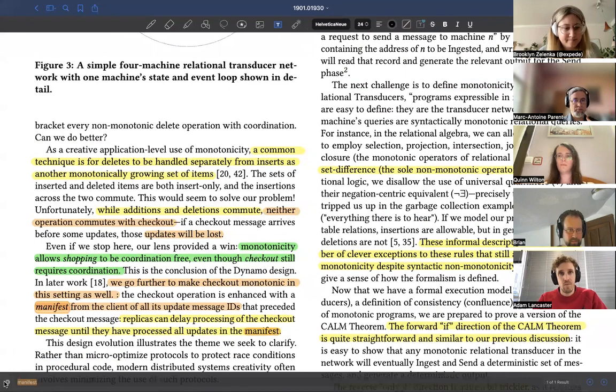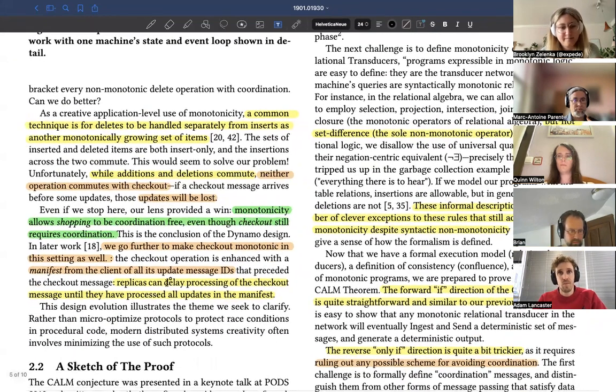Replicas can delay processing of the checkout message until they have processed all updates in the manifest. I don't quite understand what that means and how that achieves the idea of avoiding coordination. If someone has some idea, that would be great.